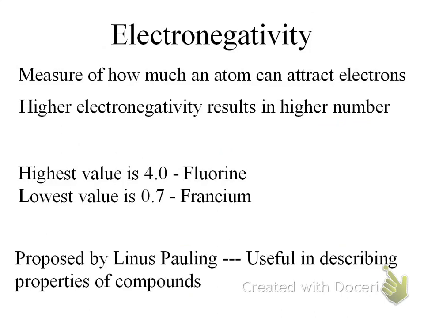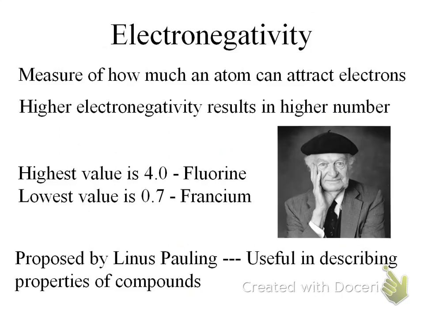Oh, I got to do this part first. We'll get to it. Proposed by Linus Pauling, okay? Useful in describing properties of compounds. Here's Linus Pauling himself. He lived to be over 100. He's the only person to win a Nobel Prize in both chemistry and peace.